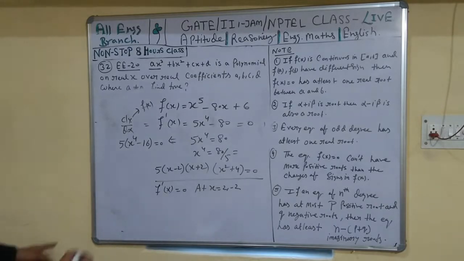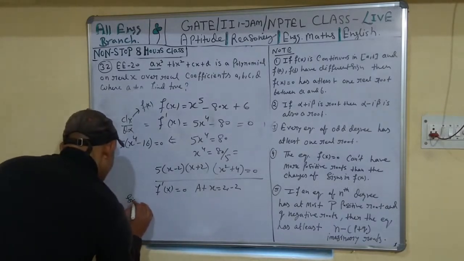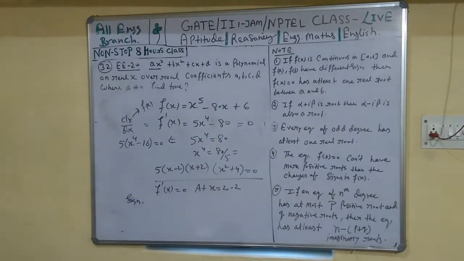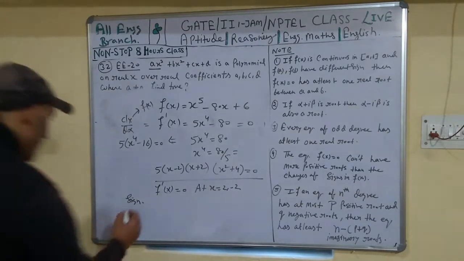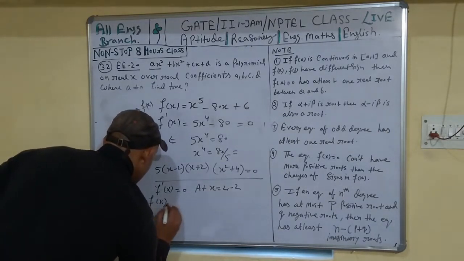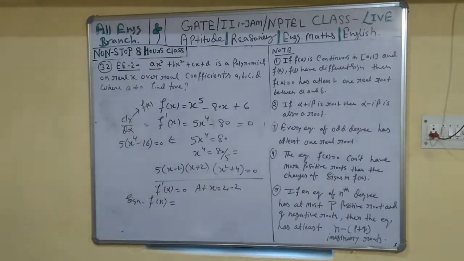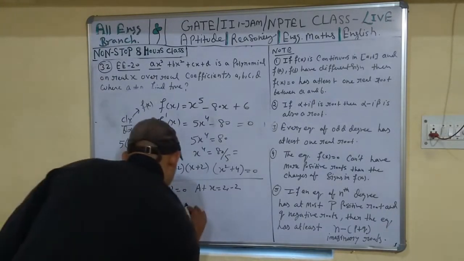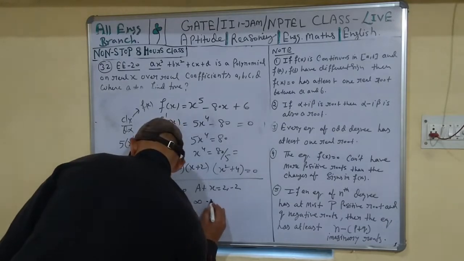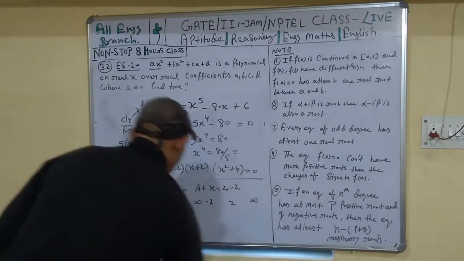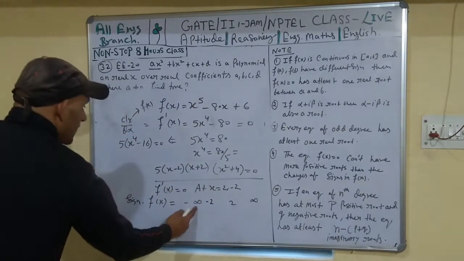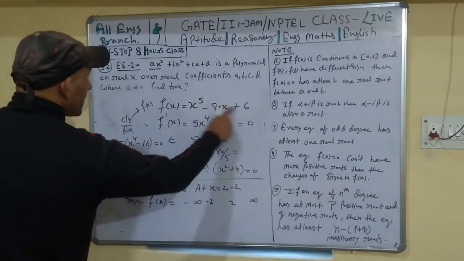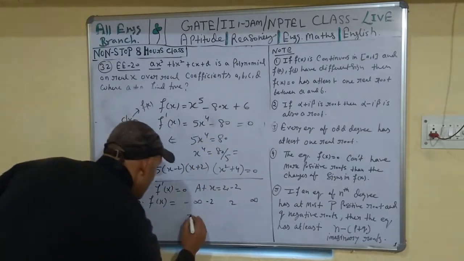Now I will find the sign of f of x. At first we will check at minus infinity, at minus 2 and 2, and at infinity. If we put minus infinity, your function will be negative.